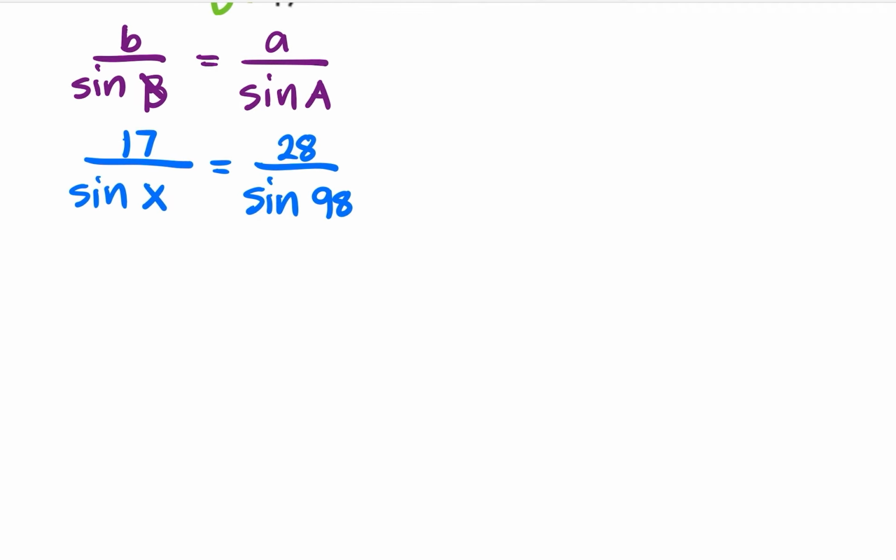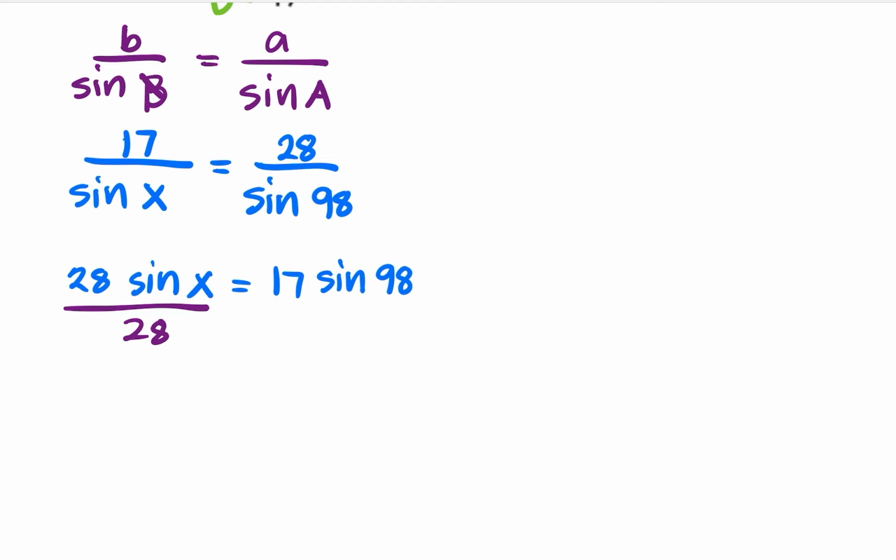So I will have 28 sine X equals 17 times sine 98. I need to divide both sides by 28 to get rid of 28. So sine X equals, put this in a calculator, sine 98, enter, times 17 divided by 28.